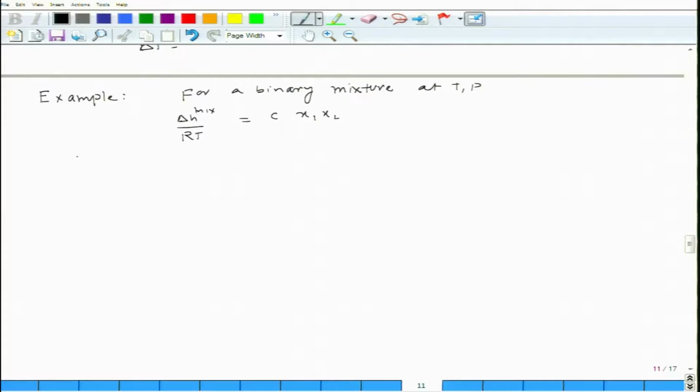Now, what is being asked is to obtain the partial molar enthalpies of the two components.